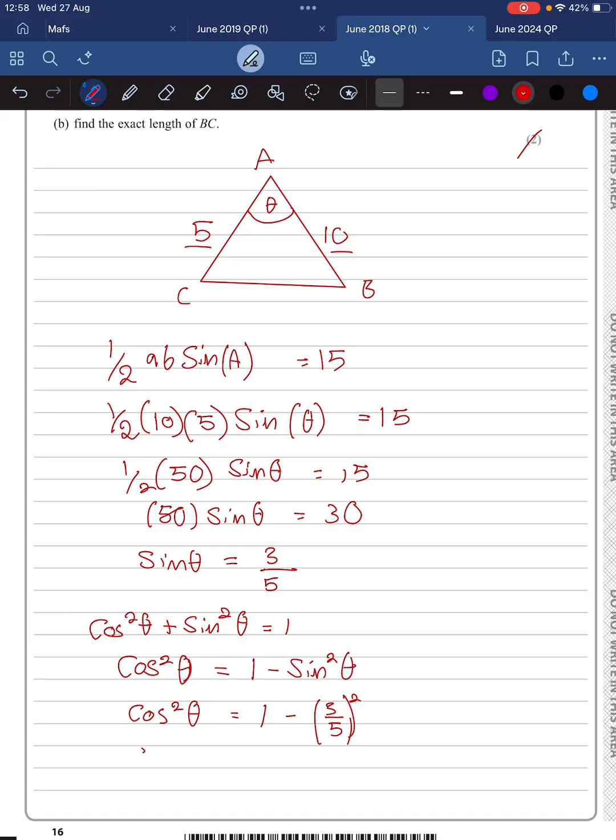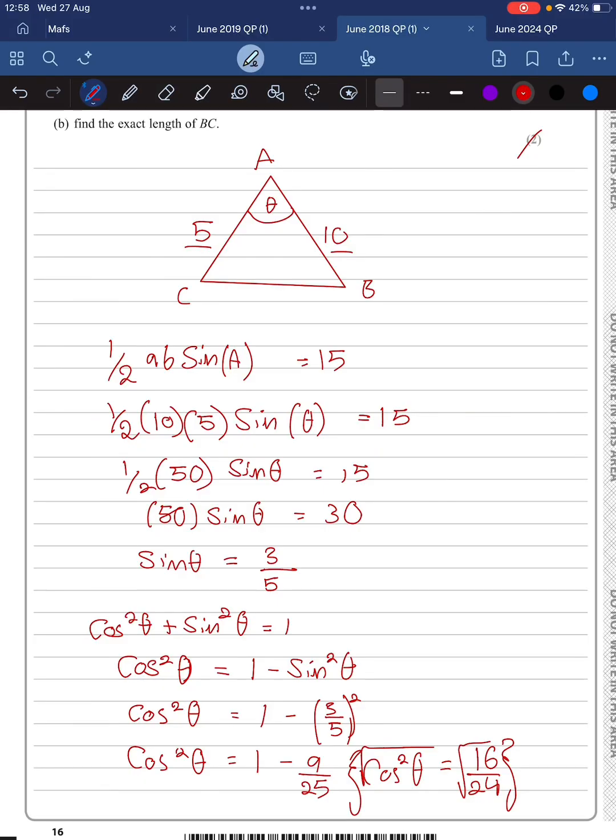Cosine squared theta equals 1 minus 9 over 25. If I use a calculator, we get 16 over 25. Cosine squared theta is equal to 16 over 25. And if we square root each side, we would get 4 over 5.